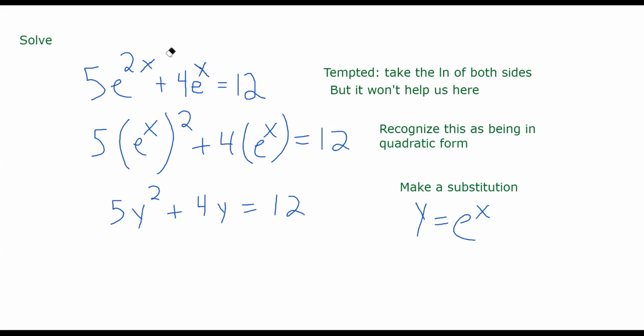And now we just need to solve a quadratic equation. So solving a quadratic, we want to get everything on the same side, so we're going to move the 12 over.